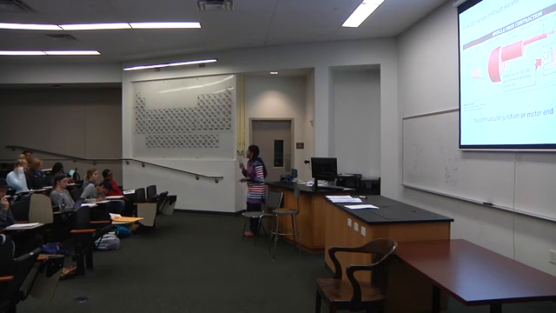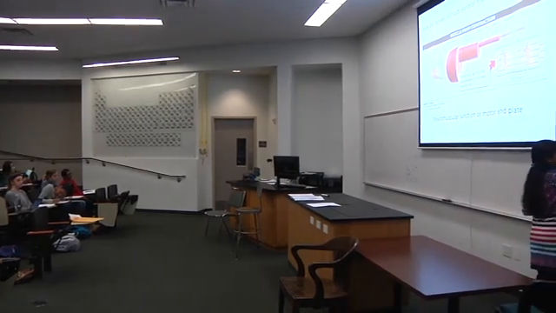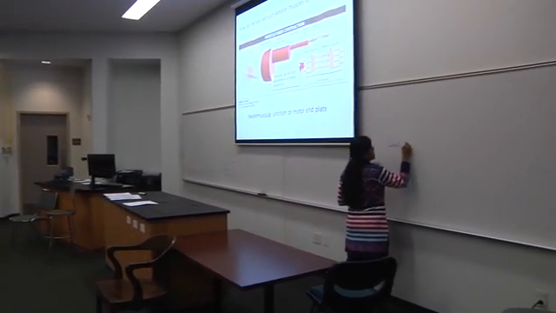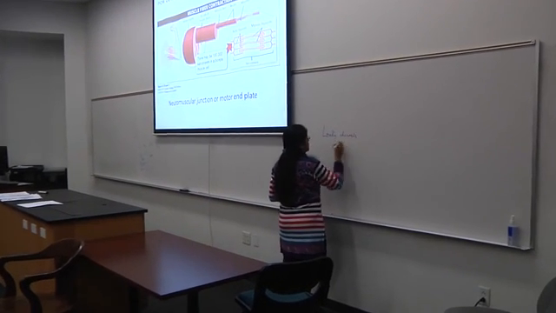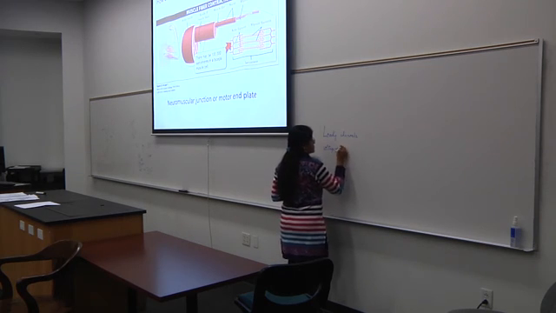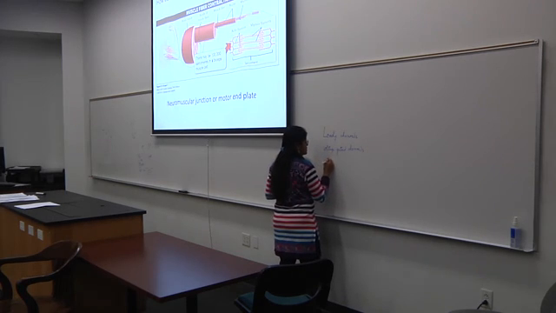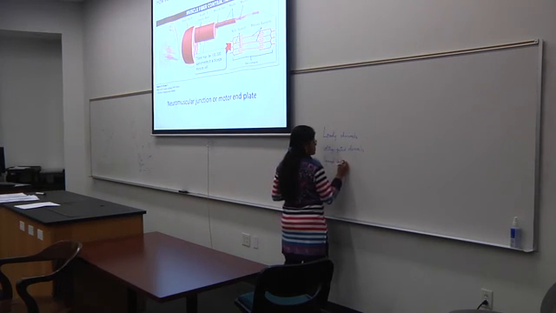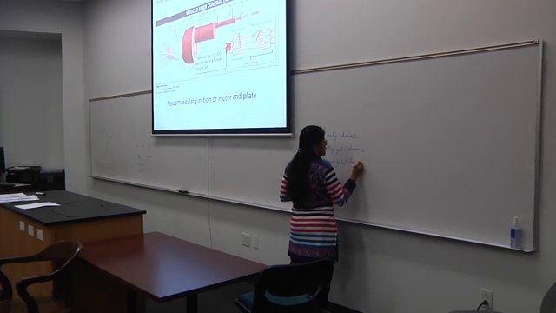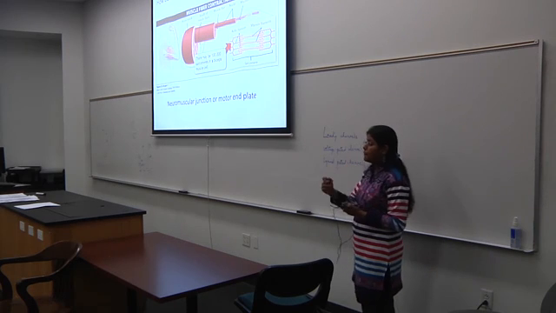Now there is also an ATPase activated channel, which I didn't mention before. So we have leaky channels, then we have voltage gated channels, we have ligand gated channels, plus we have something called a sodium potassium pump.